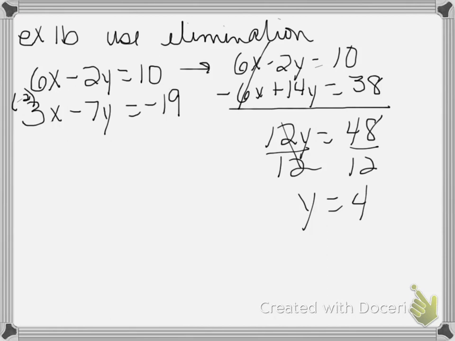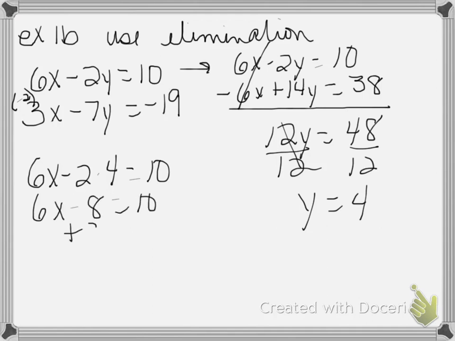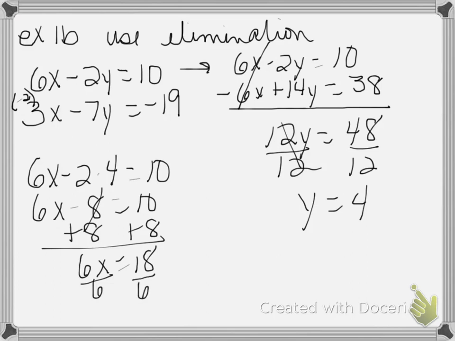You can plug it into the second equation that's already multiplied by negative 2, but it's much easier if you plug it into one of the original equations. You have smaller numbers. I'm going to plug it into the first one. So that's 6x minus 8 is equal to 10. Add 8 to both sides. So that's 6x is equal to 18. Divide by 6. So x is equal to 3. So my answer is 3, 4.